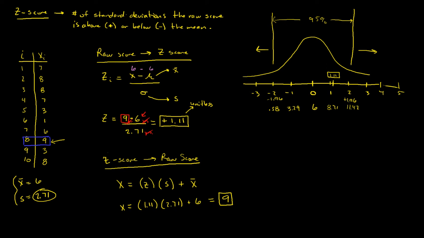The other reason that it's important to us is it allows direct comparisons. You can take 2 completely different variables. I could take years, because the units cancel out, and plot a z-score, and then I could take a z-score on vertical jump in inches or yards or feet, and you can compare z-score to z-score.